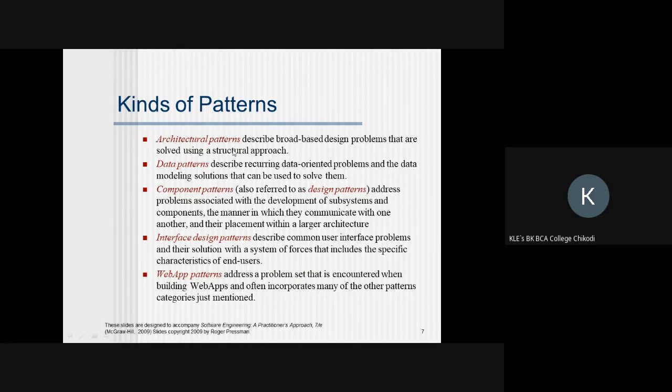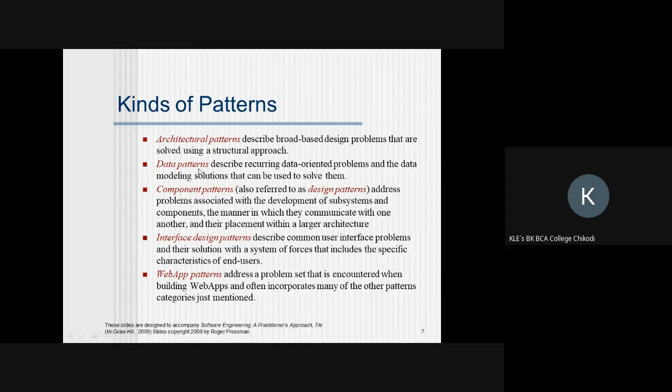Kinds of patterns. Patterns are of different kinds. Architectural patterns describe broad-based design problems that are solved using the structural approach. Data patterns describe recurring data-oriented problems and the data modeling solutions that can be used to solve the problems.